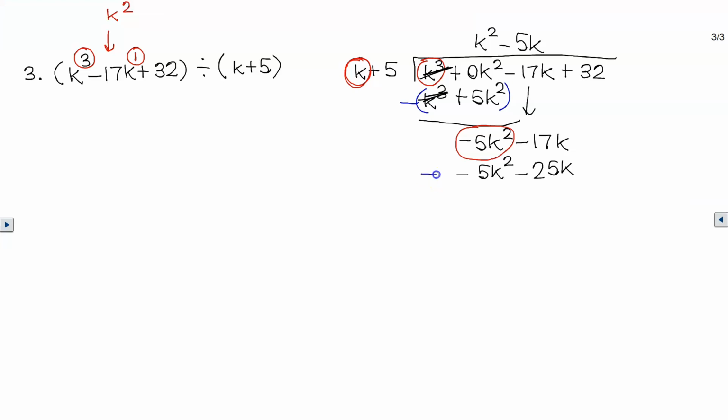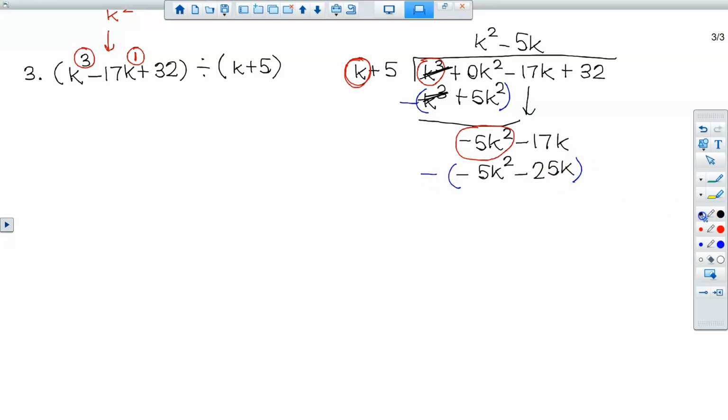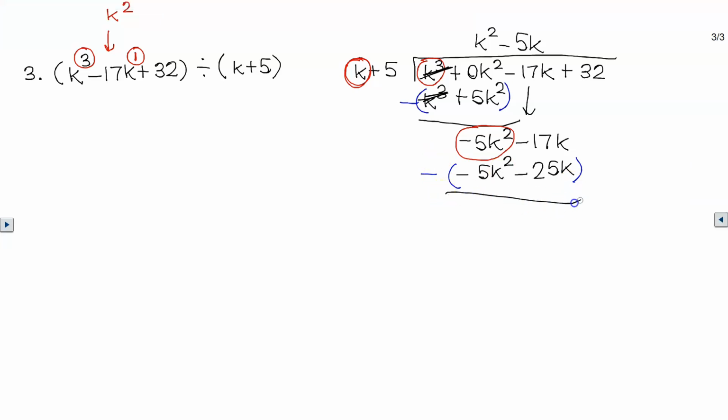All right, subtraction time. And don't forget, you're subtracting both terms. Boy, could my lines get any more crooked. All right, so negative 5k squared minus negative 5k squared. Remember, this minus and negative will turn into a plus. So these will cancel each other out.